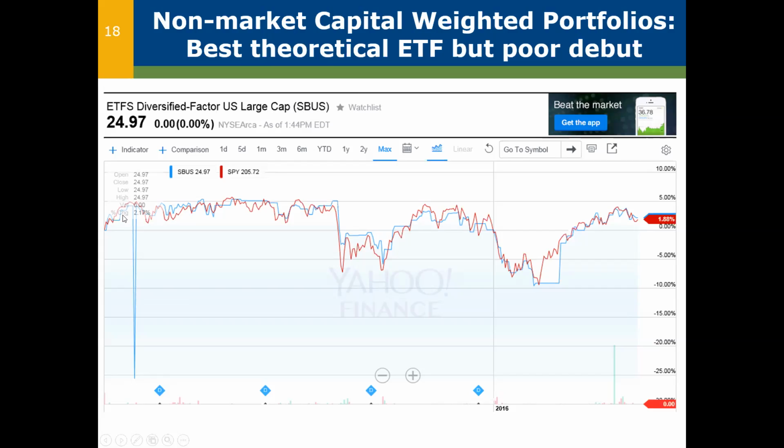But what you notice if you look at the graph is that this ETF, which is the blue line, has these funny flat parts and spikes, and it has this weird drawdown here, and you see the S&P 500 just bounces along quite happily. So one observation is it's not really outperforming, but it doesn't have that much of a track record.